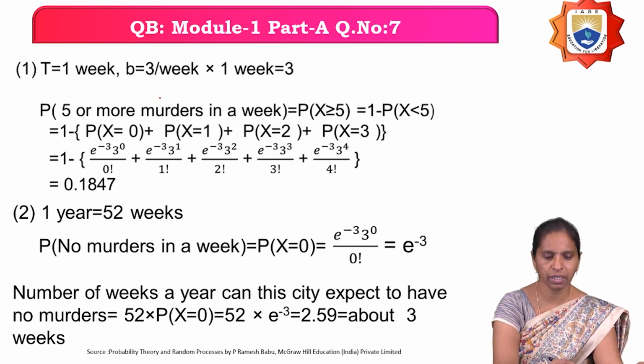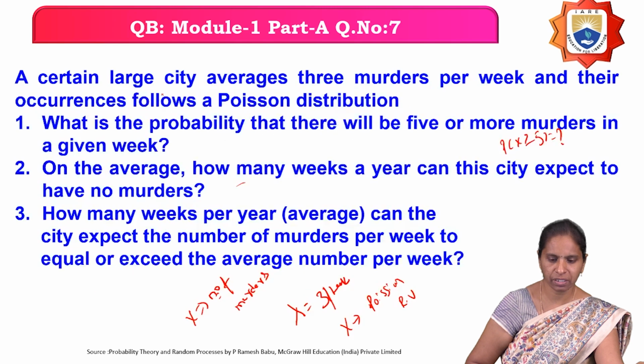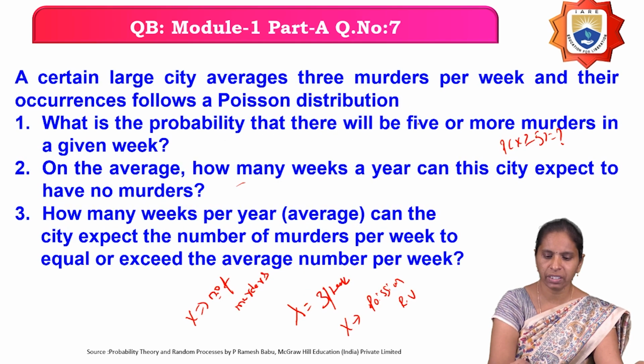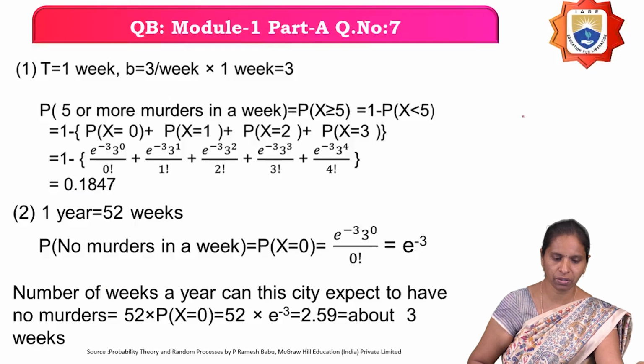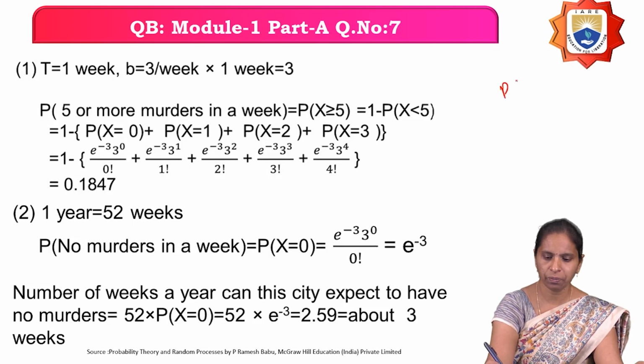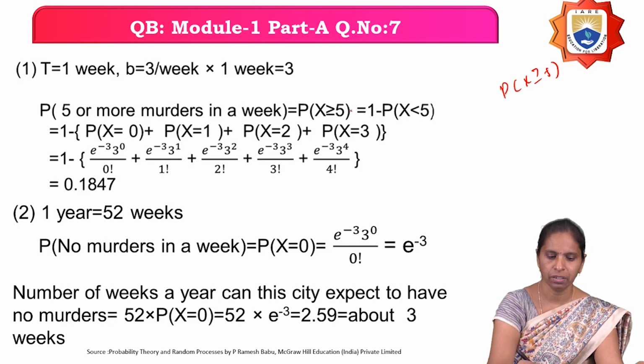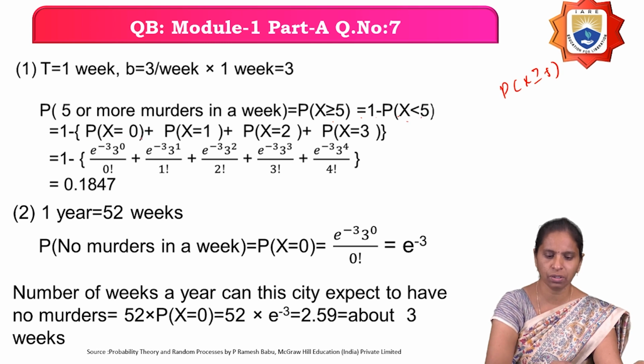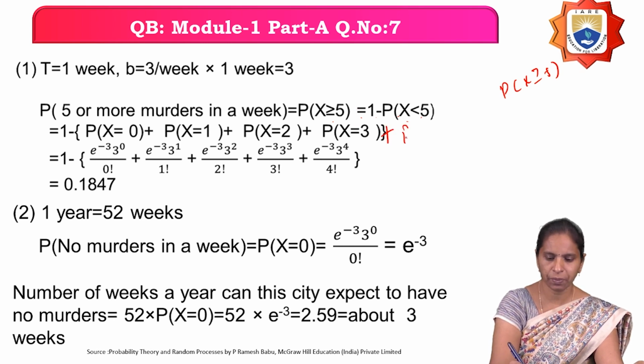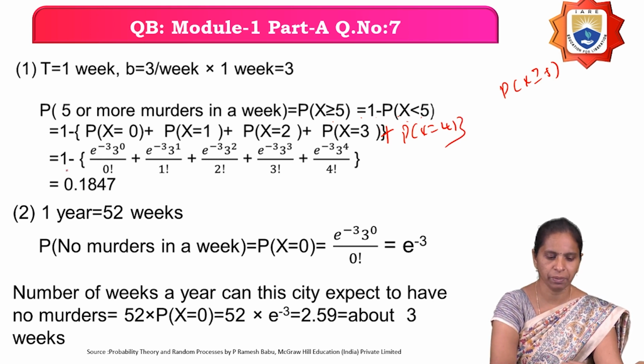So for the first question, what is the probability that there will be 5 or more murders? You have to calculate P of x greater than or equal to 5. That is 1 minus P of x less than 5, which equals 1 minus the sum for x equals 0, 1, 2, 3, plus P of x equals 4.